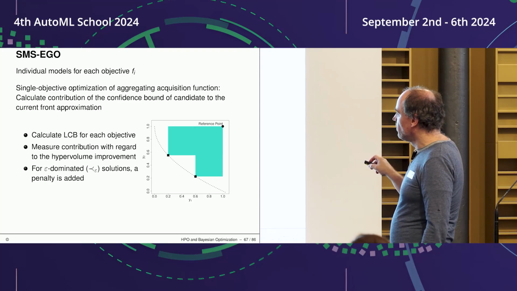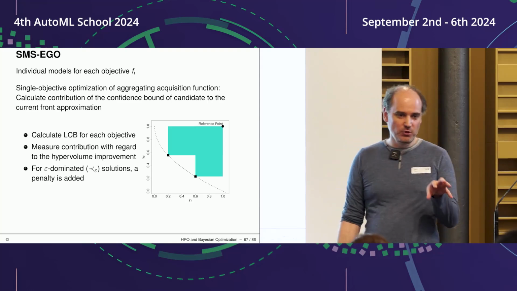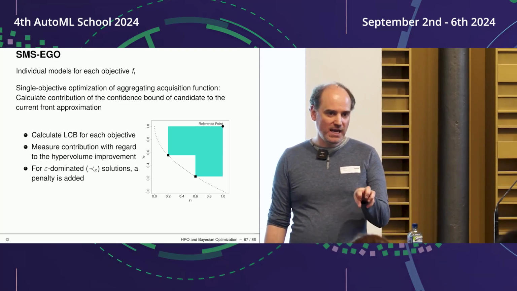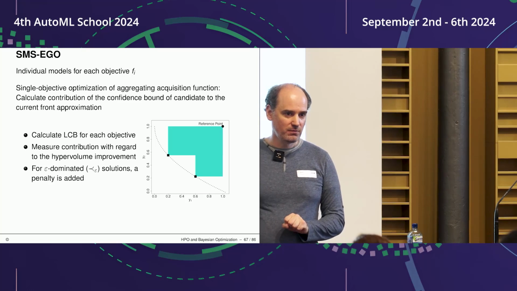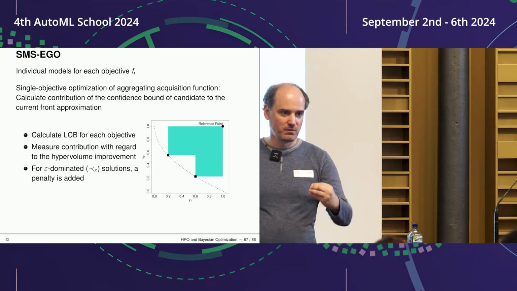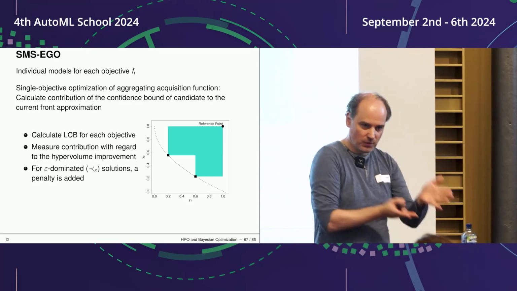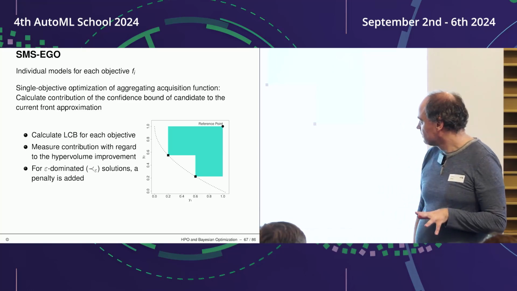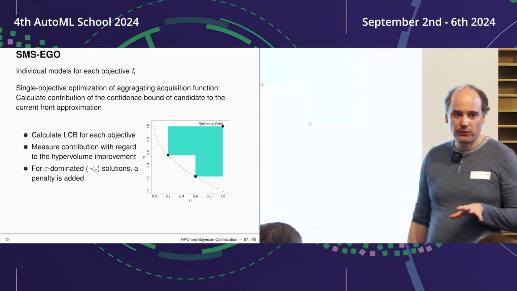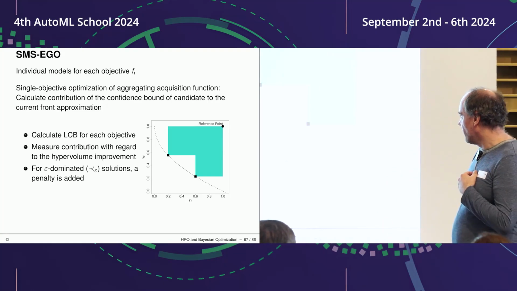So what we want to do is calculate the contribution of each candidate point x to the hypervolume of our current front. Okay? So ideally, this point would progress the front closer to the origin, to the ideal point, and we want to quantify this progress. So how are we doing that?